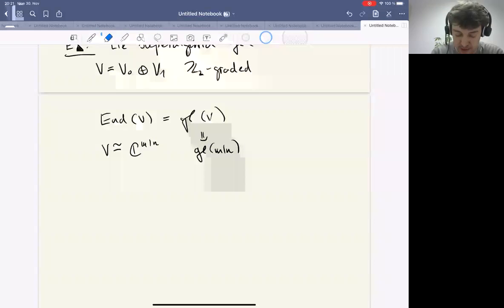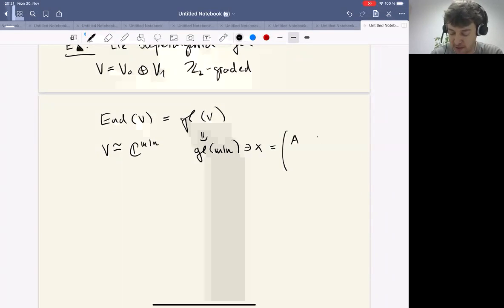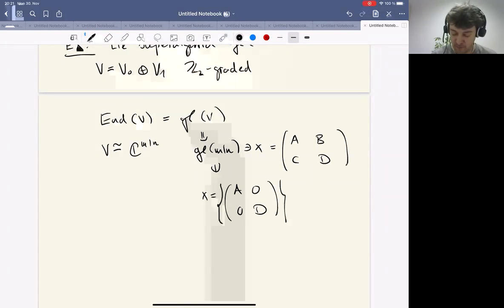If you take an arbitrary element, then you can think of it as a block matrix A, B, C, D. A here is an M cross M matrix, D is an N cross N matrix, and B and C are mixed, M cross N or N cross M. Then you have special matrices which have the form A, 0, 0, D. These matrices are the even part, and you see this is just GL_M cross GL_N.